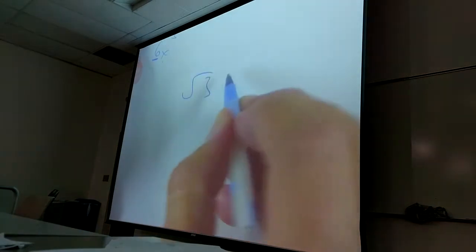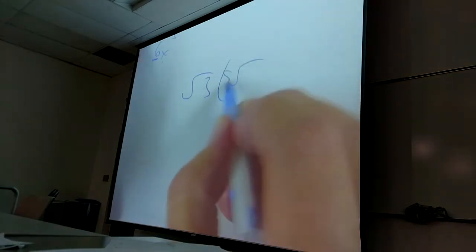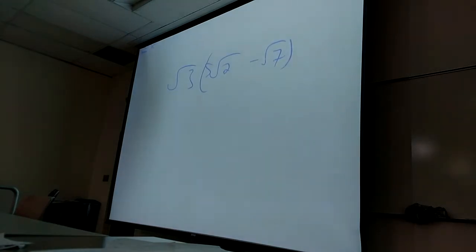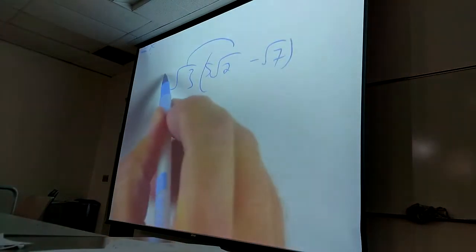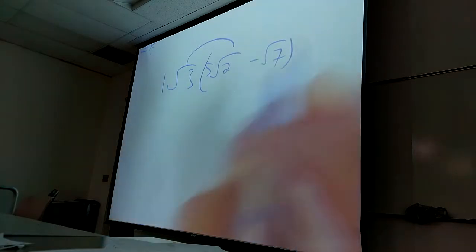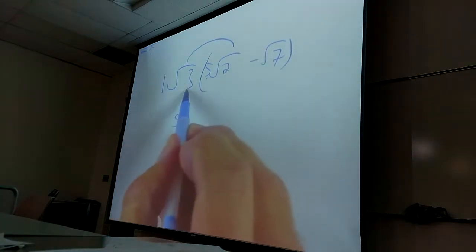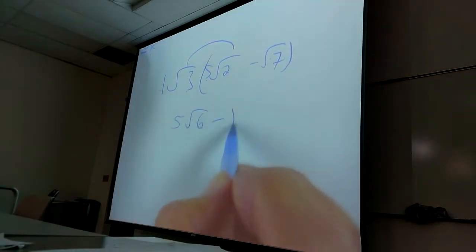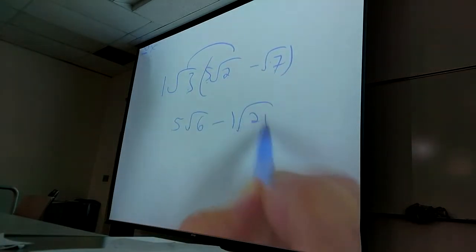So on this problem, when I got rad 3 times 5 rad 2 minus rad 7, let's just look at that piece of it. When you multiply these together, what's understood to be out here? 1. 1 times 5 is 5. Rad 3 times rad 2 is rad 6. Minus 1 times 1 is 1. Rad 3 times rad 7 is rad 21.